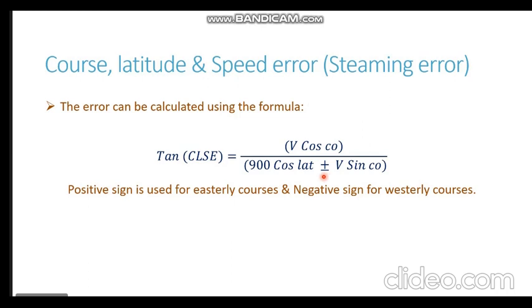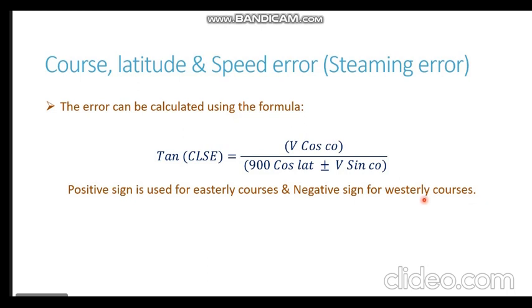And the negative sign is used when the ship is moving on a course having a westerly component. That means the ship is moving in northwest quadrant or the southwest quadrant. So whether the ship is moving on an easterly course or a westerly course decides whether we will be using plus or minus sign in the denominator.